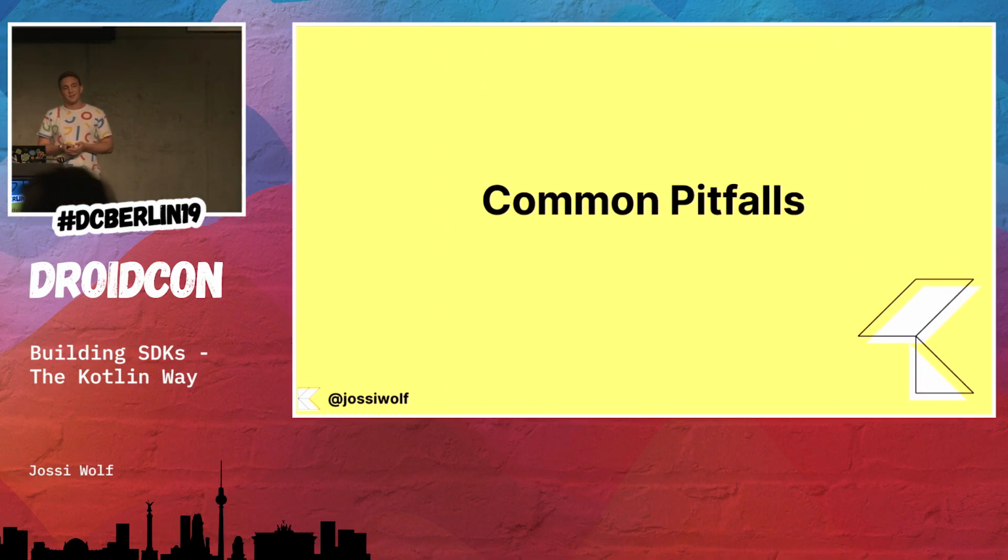Then, of course, as in every project, but even more so in SDKs, when you're building very encapsulated components, as you gain more users, the requirements actually change. You will only figure out as you build the SDK what your users actually want and what your users actually need. You can have foresight as much as you want, and you can think that you know everything, but spoiler alert, you don't.